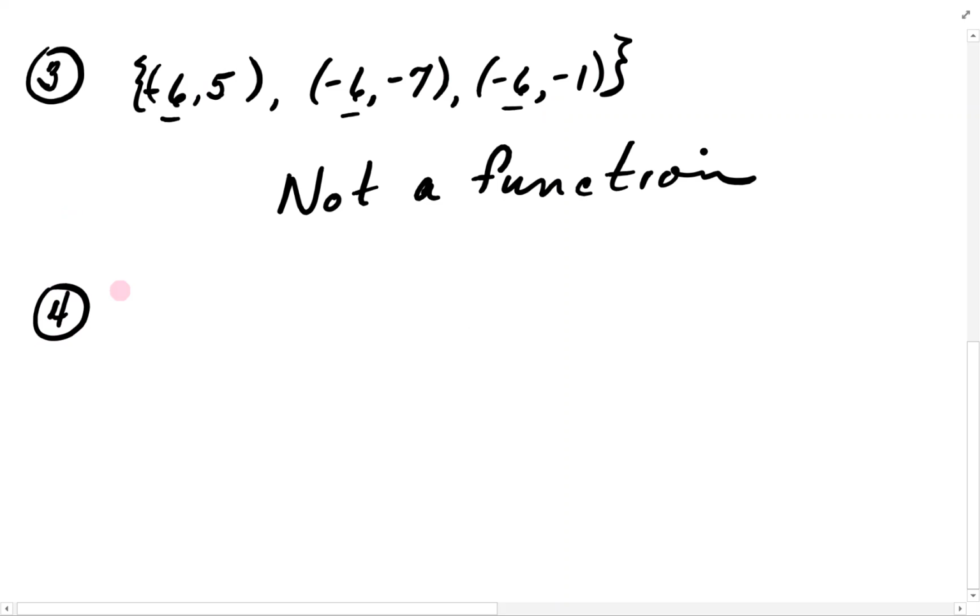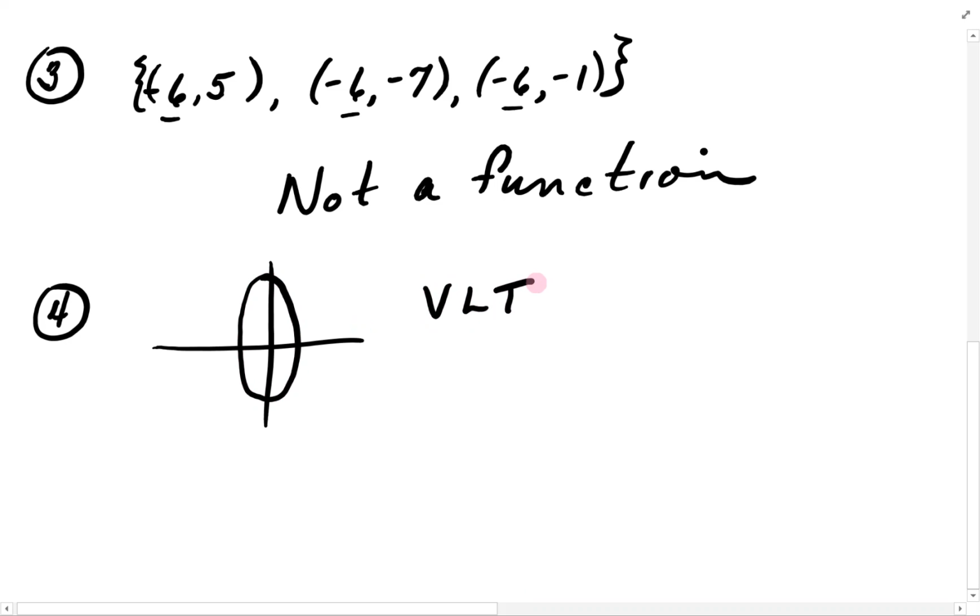Number 4, I'm going to draw, and my sketch is going to be rather messy, but we have kind of an oval. It may be an ellipse, and it wants us to use the vertical line test to see if this is a function. You can use a vertical line; if any vertical line intersects the graph in more than one spot, then it's not a function. A vertical line is an x line.